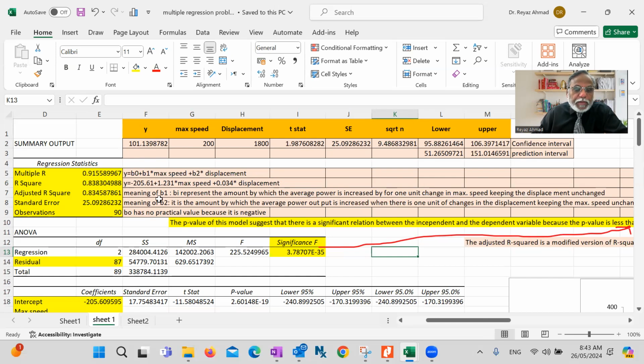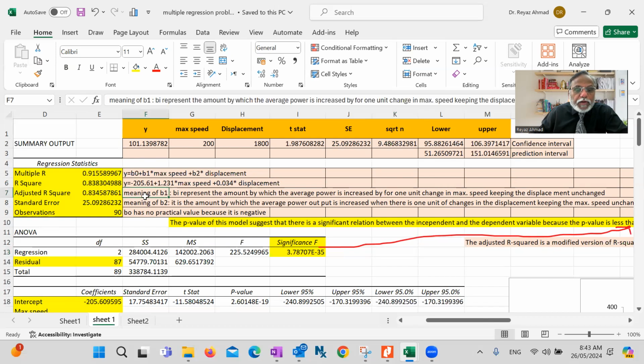Similarly, the interpretation of B2 is the amount by which the average power output is increased when there is 1 unit change in the displacement, keeping the maximum speed unchanged.